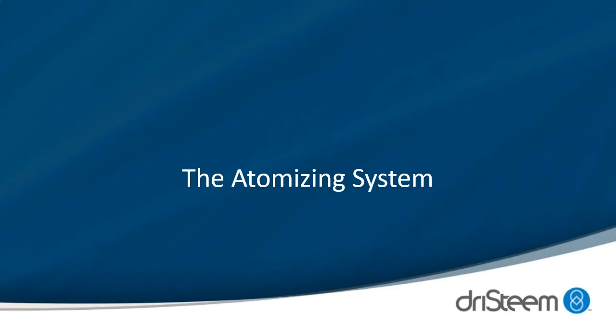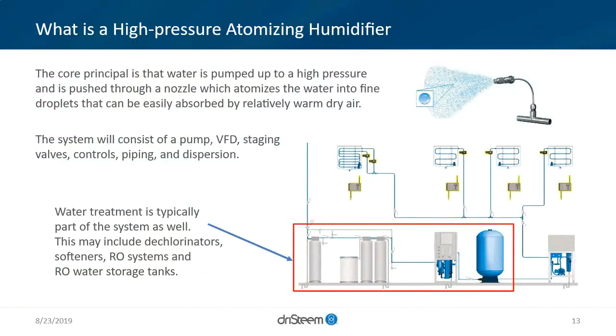outside air conditions, what is the atomizing system, and kind of going through what that system looks like. So the core principle of this entire system is using a pump to pressurize purified water, and I'll talk about water treatment in a little bit, and atomize this through orifices, also known as a nozzle.